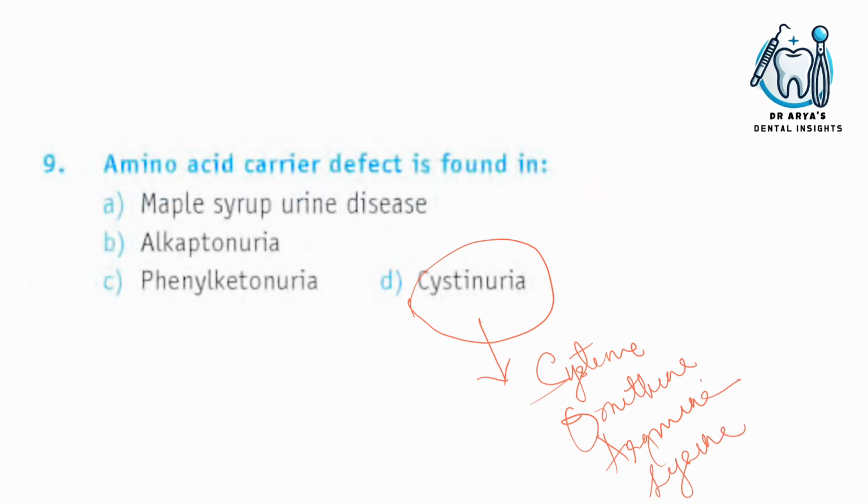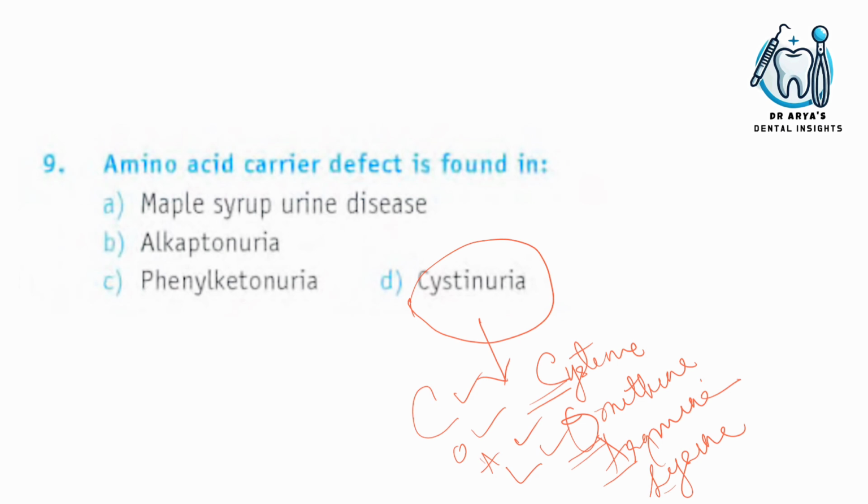The mnemonic is COAL. Okay, COAL. Cysteine, ornithine, arginine, and lysine. This becomes defective, leading to excretion of all these 4 amino acids in urine.